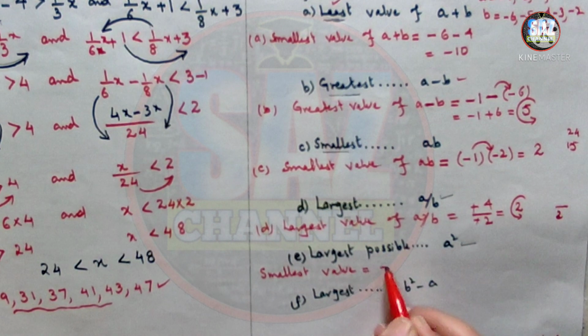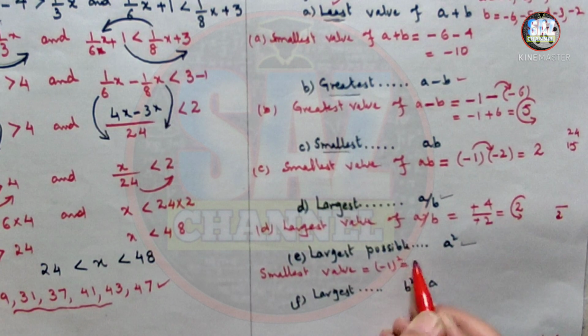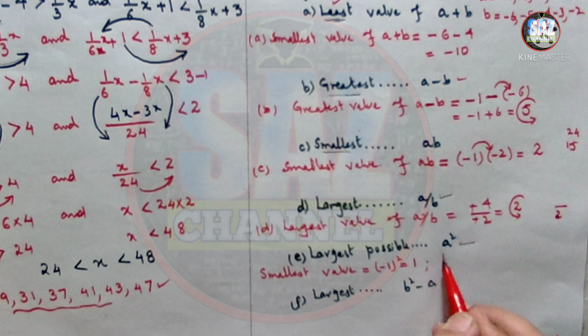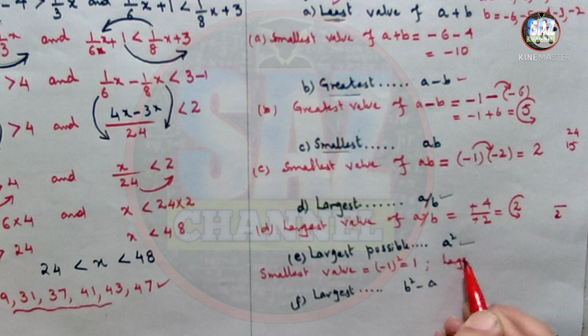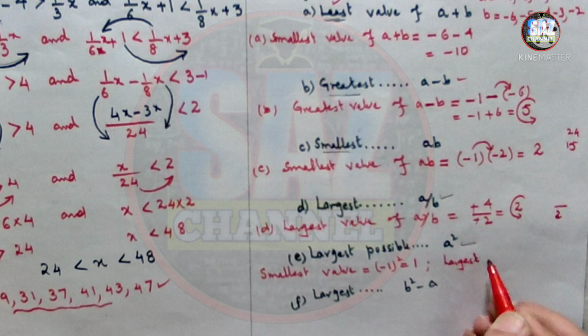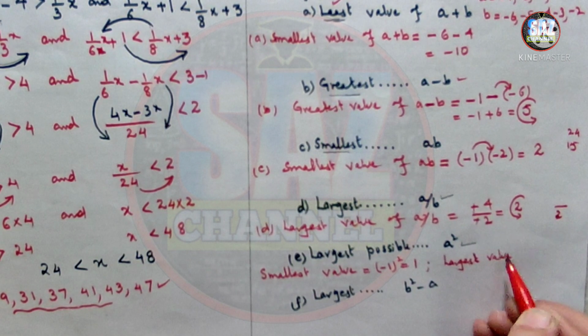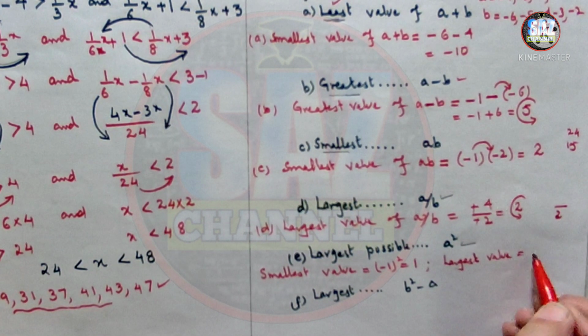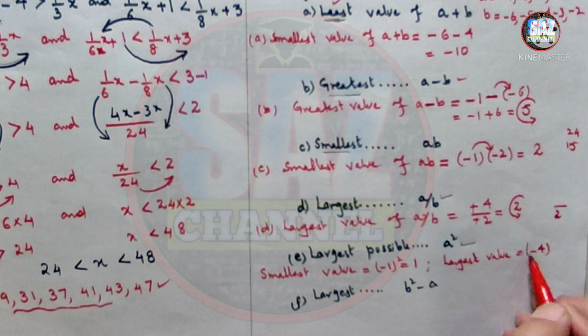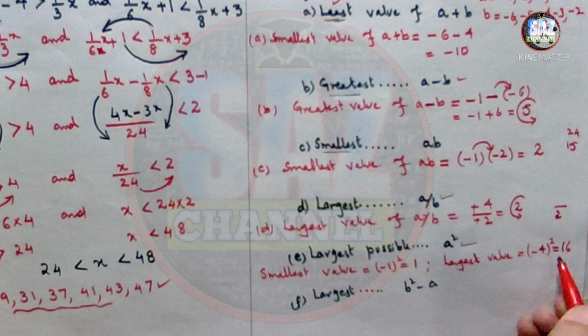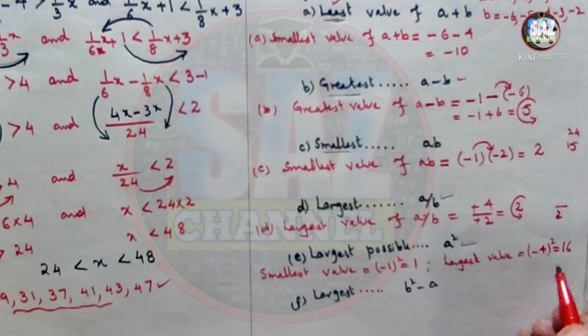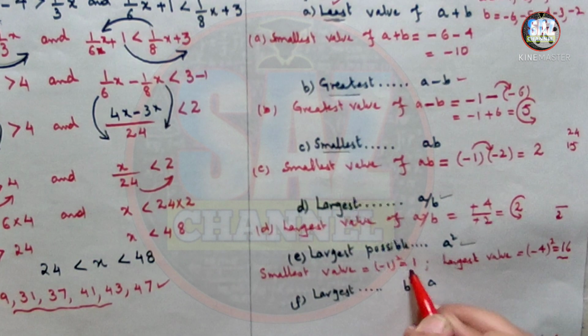That will be -1 square, which is equal to 1, and the largest value is -4 square, which is equal to 16. I hope you are clear about this for the smallest and largest values.